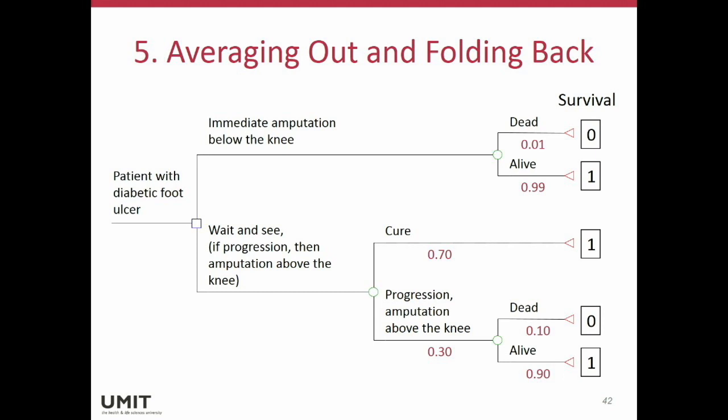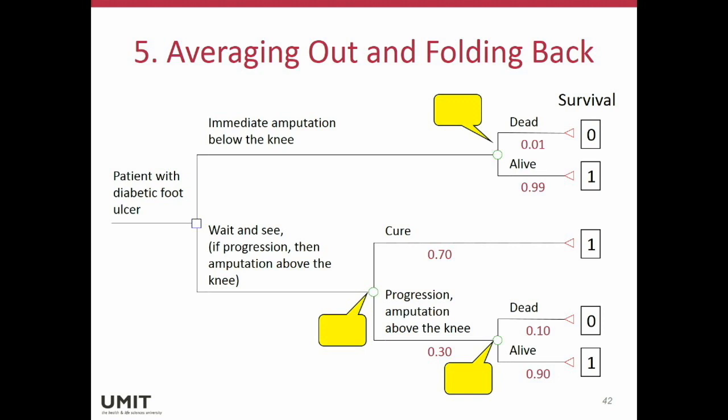So the first thing we would like to calculate is at each of these chance nodes. So I put in a bubble for each of the chance nodes and say, well, if I stand at that chance node and I don't know whether I'm dead yet or not, I can calculate a so-called expected value.